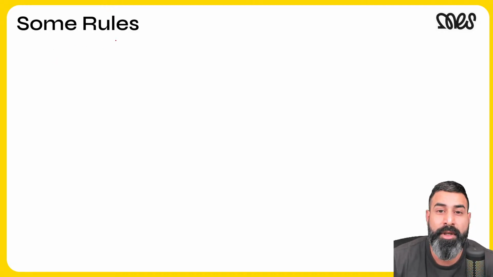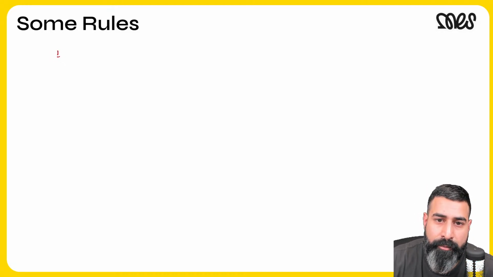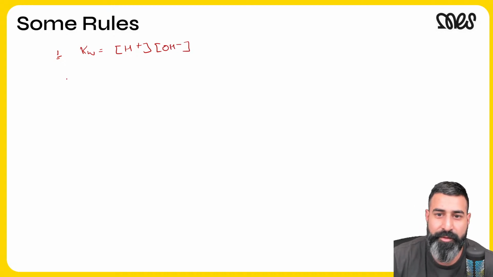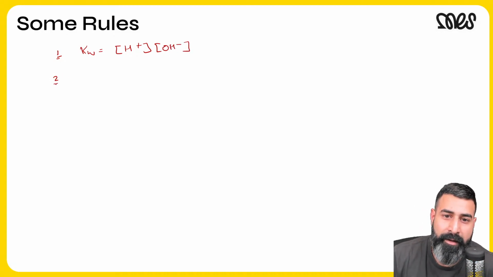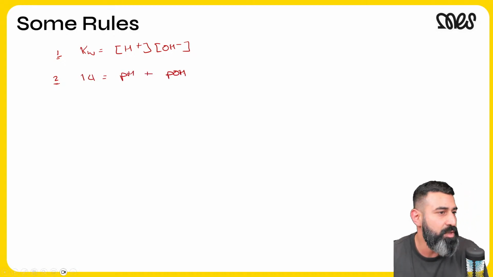Right, some rules. What are some rules? Let's just quickly recap what some rules are. So, Kw, rule number 1. Kw, banger, absolutely. I'm not going to do a rendition of it though, don't worry. Point number 2. 14 is equal to pH plus POH. Okay, so just be aware of those.